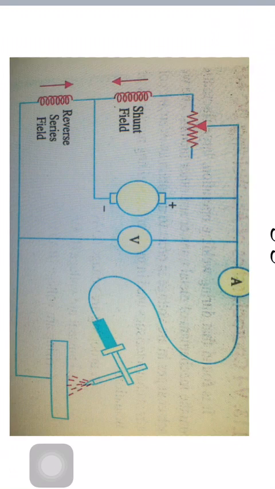With the help of the shunt regulator, generator voltage and current values can be adjusted to the desired level.